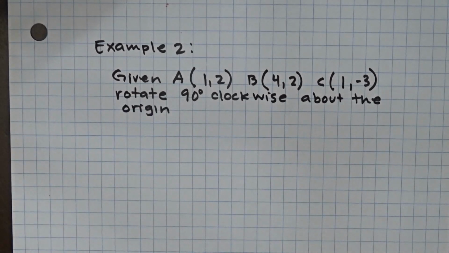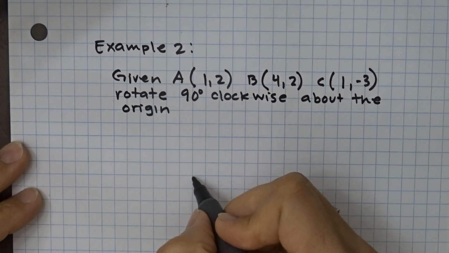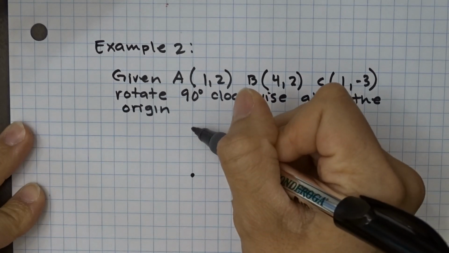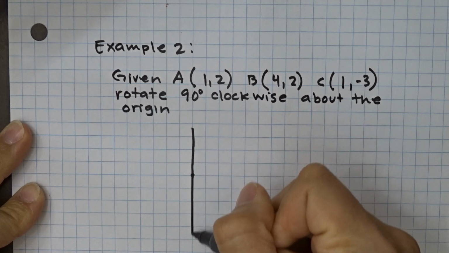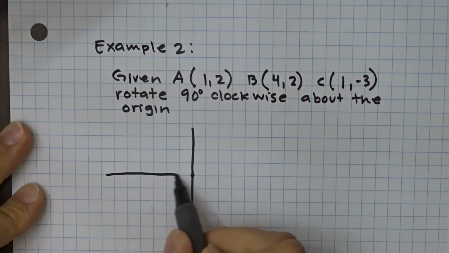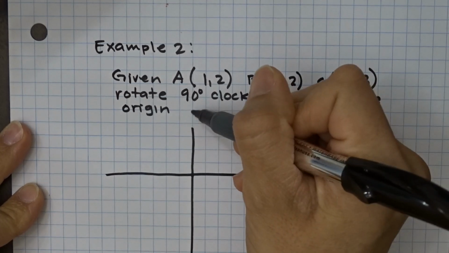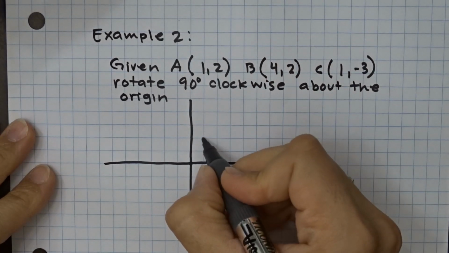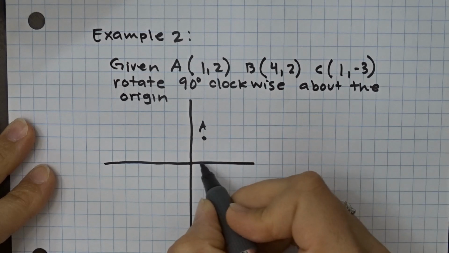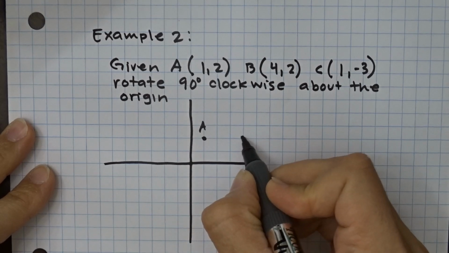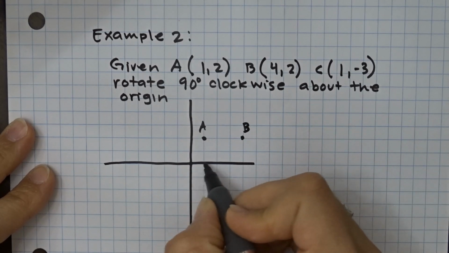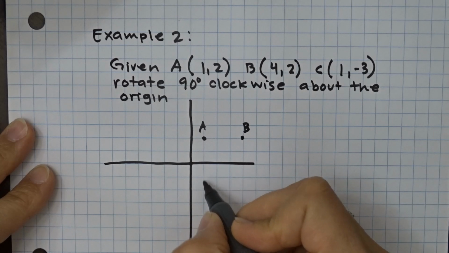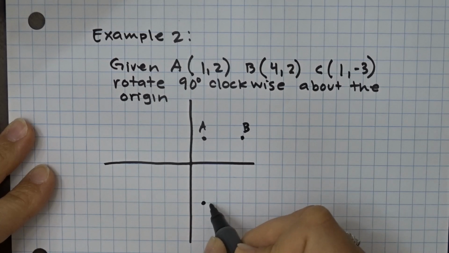That means our center of rotation is going to be the origin. So quickly, 1, 2 is A. 1, 2, 3, 4, 2, that's B. And 1, negative 3, that's C.